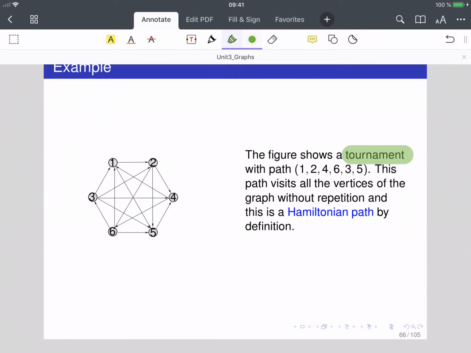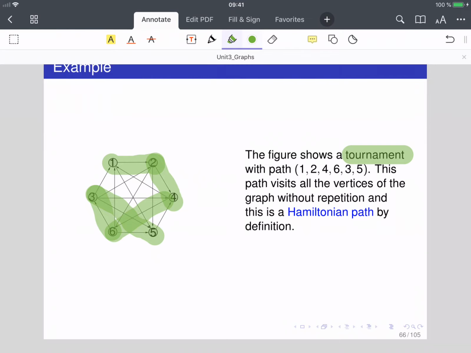For instance, in the graph of the figure, if we start in 1, we go to 2, then 4, then 6, then 3, and finally 5, then we have a Hamiltonian path, a path that uses all the vertices once and only once. So in this case we have a quick algorithm that is able to check whether the graph has a Hamiltonian path, and in fact to find it.